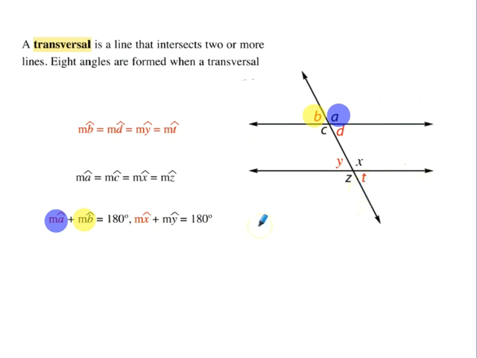Or another one, angle X and angle Y, equals 180 degrees. How do we know? Because there is a straight line. As you see, this line is straight, so the sum of these two angles is 180. You can even say A plus D is 180 because this is a straight line. T plus Z equals 180 because this is a straight line.